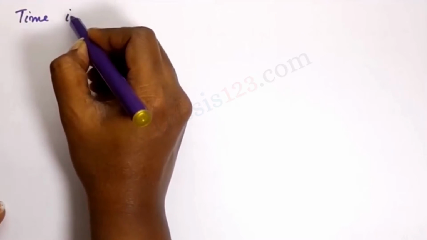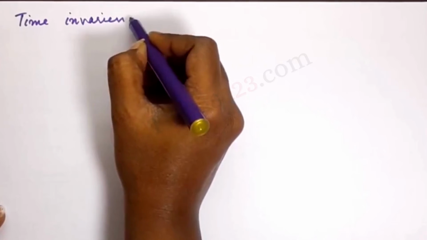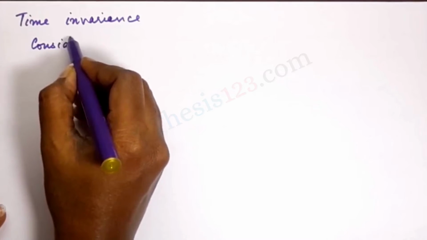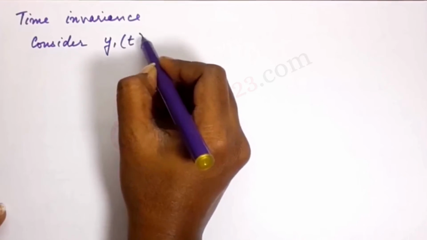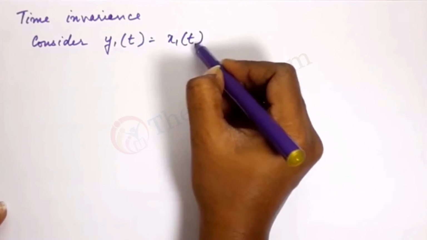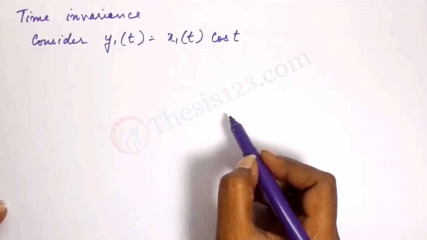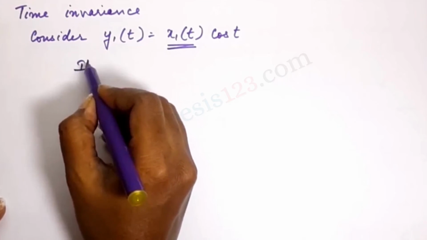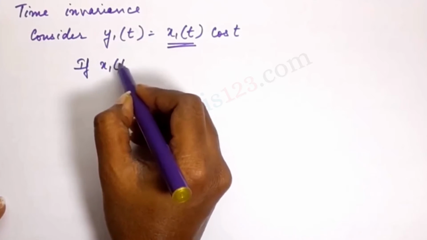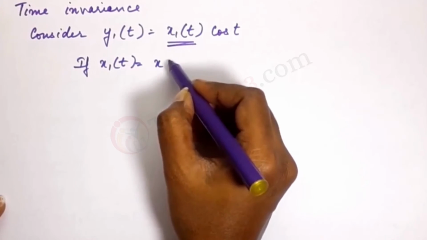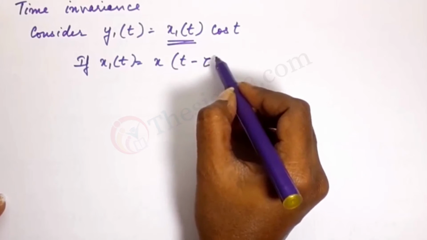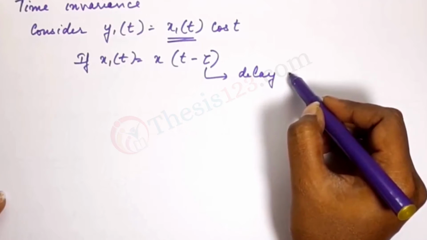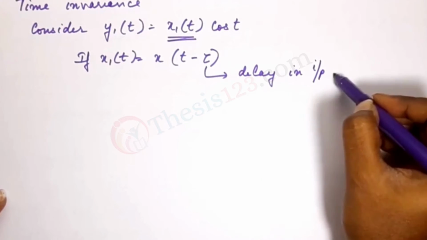So that's time invariance. Let's consider y1 of t is equal to x1 of t times cos t. Now if the input x1 of t is x of t minus tau, here this tau is the delay in the input signal.